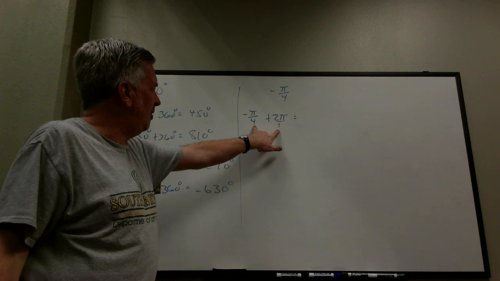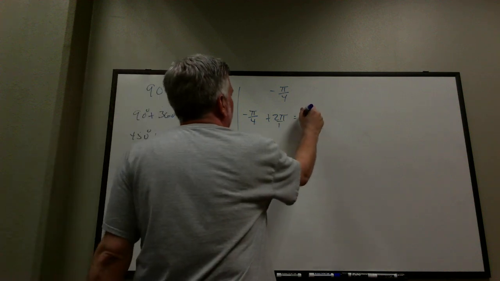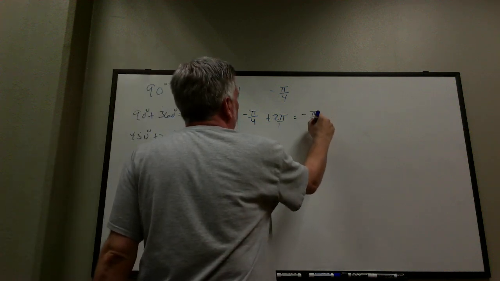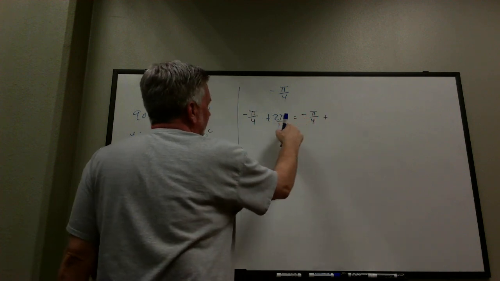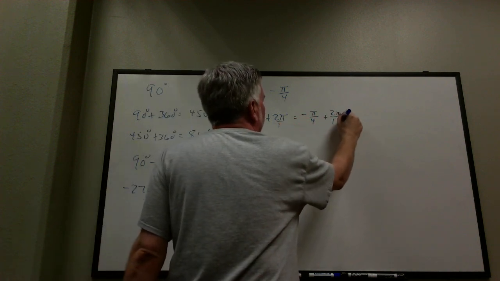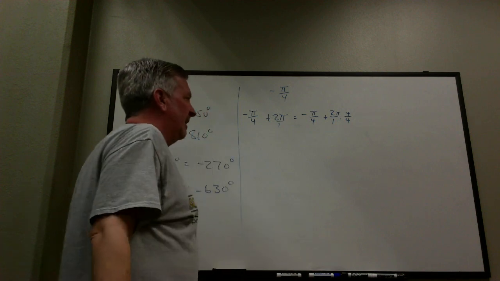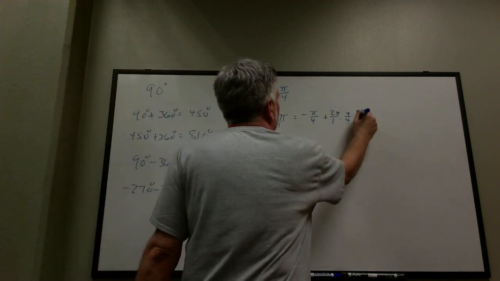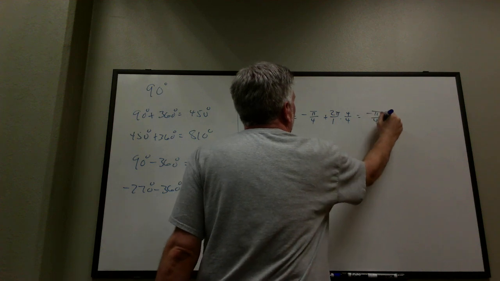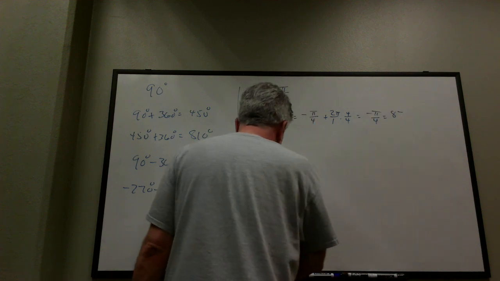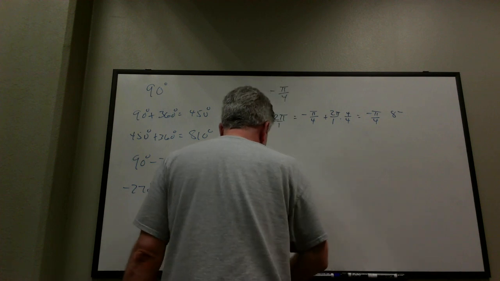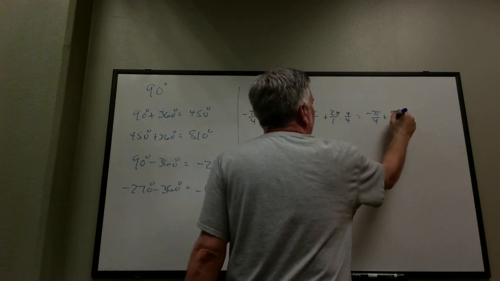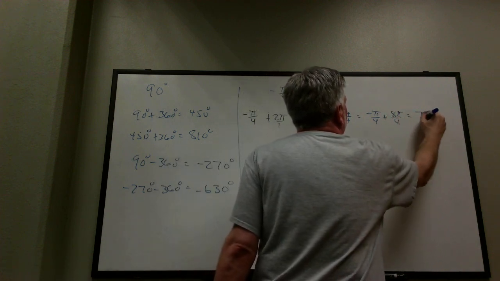Least common multiple of 1 and 4 is 4. So we have negative pi over 4, and I need to multiply this fraction, 2 pi over 1 times 4 over 4. Again, I'm multiplying by 1, so I'm not changing the value, just the appearance. And so I get negative pi over 4 plus 8 pi over 4, which is 7 pi over 4.